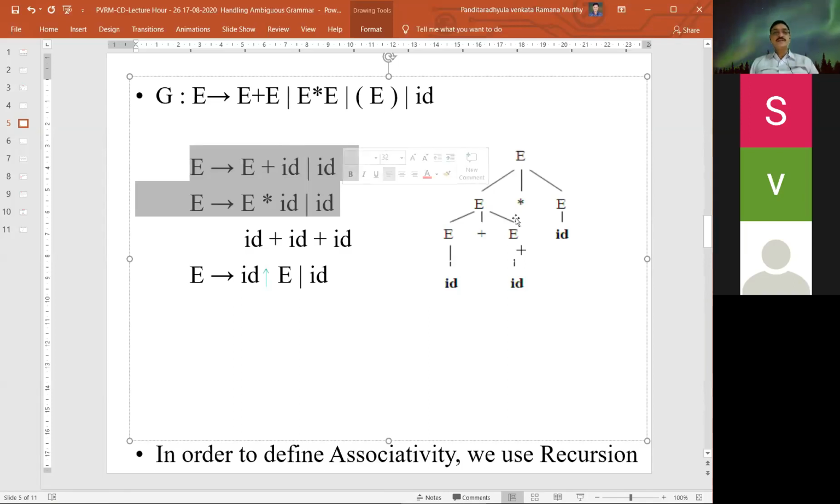This grammar always produces only one parse tree. It never produces one more parse tree because there is no other choice. The only choice is we need to expand this leftmost non-terminal.